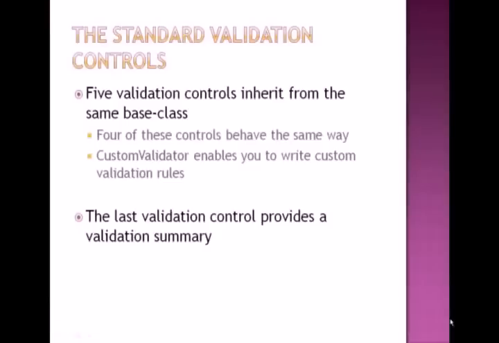Okay, in the previous example that I showed you, you saw that the required field validator control validates a control like a text box, and what it does is that it compares the value of this control, the text box control, with its own initial value property, and makes sure that the control it's validating has a different value from its initial value property.